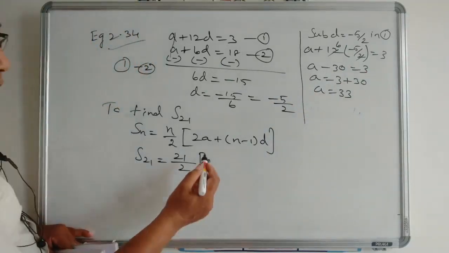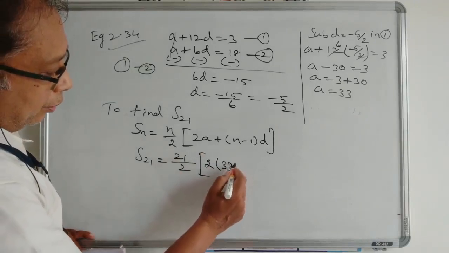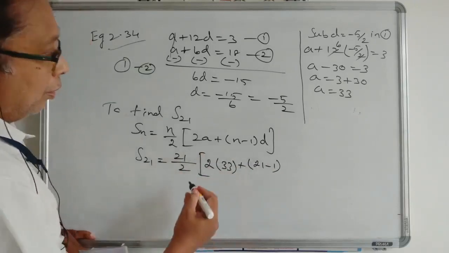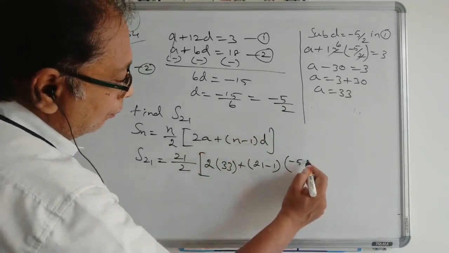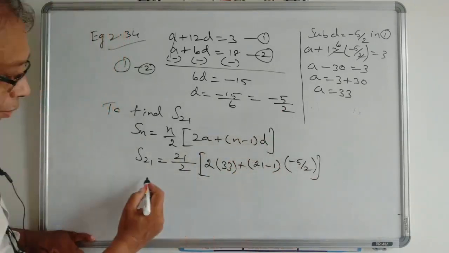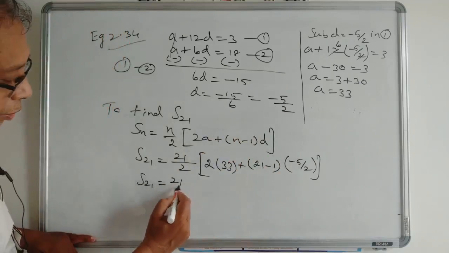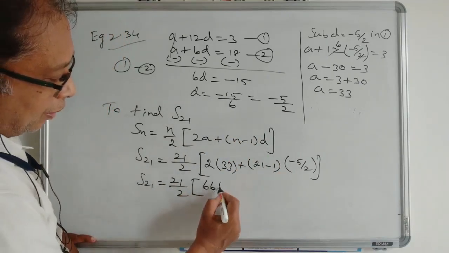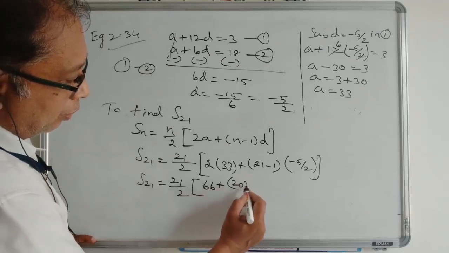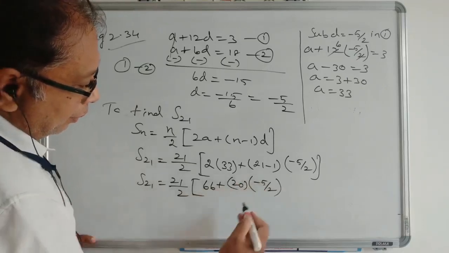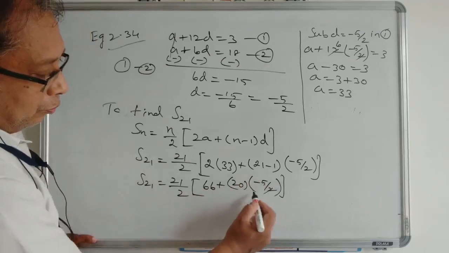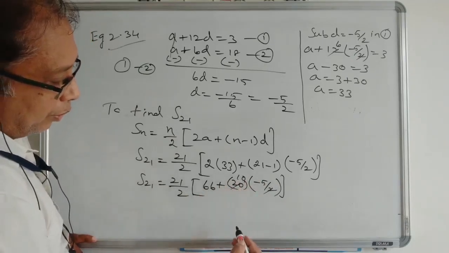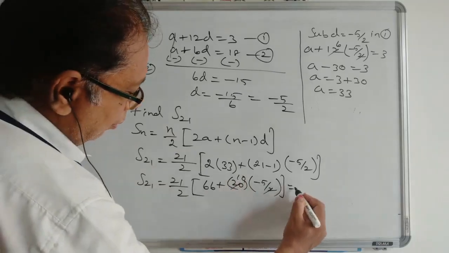Therefore write 33 in the a place: 2 into 33 plus 21 minus 1 into d, minus 5 by 2. S21 equals 21 by 2, 66 plus 20 into minus 5 by 2. 2 divides 20 ten times, 10 into minus 5, minus 50.